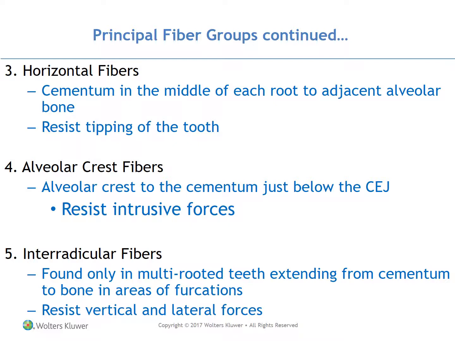And these are there to resist vertical and lateral forces. So which teeth would these be found on? Well, these would be found on any of the multi-rooted teeth, which include the maxillary first premolar. They could be on the mandibular canine if that's bifurcated. And then all of our molar teeth, right?